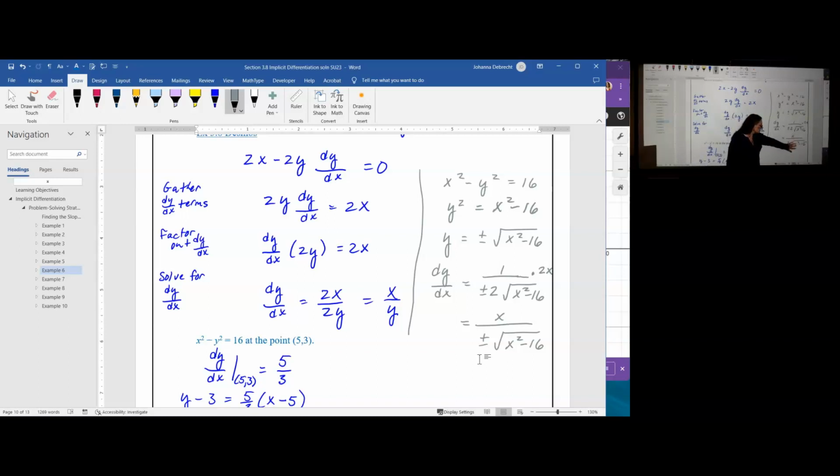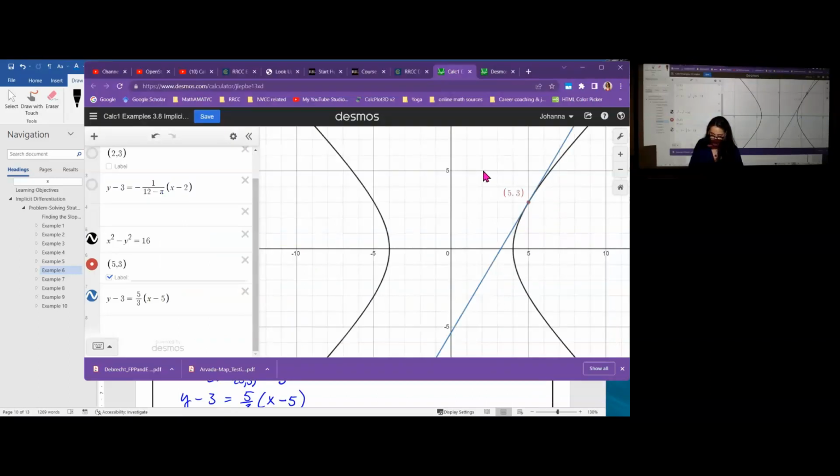When I look at this, I'm going to get a different tangent line depending upon the point. I have to know whether it's plus or minus, which I would only know by going to the graph and looking at the function that you see here. You can see at 5/3, it should be a positive slope of 5/3.